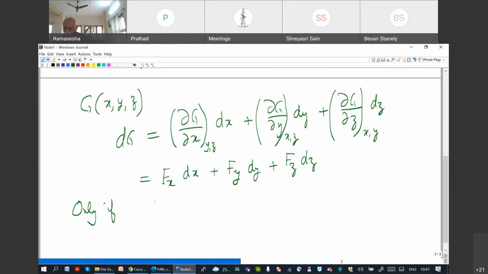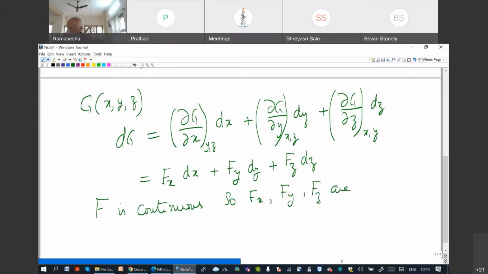So if that should be equal to this, I take second differentials. Because F is continuous, fx, fy, fz are defined, and let us assume these are also continuous functions.